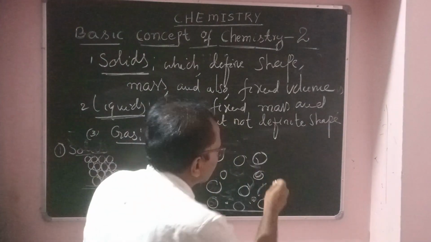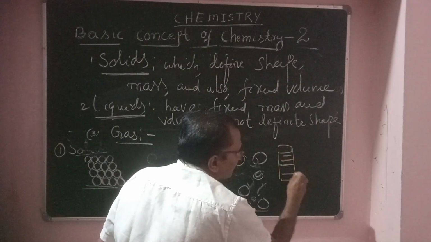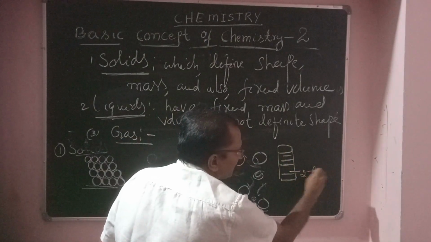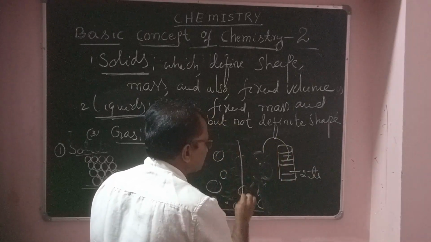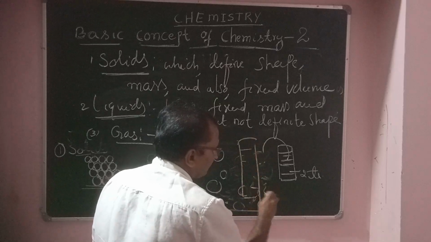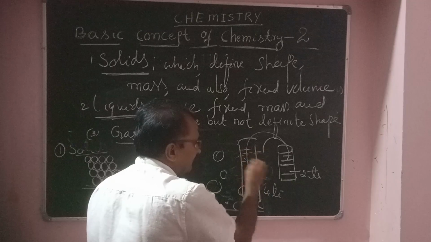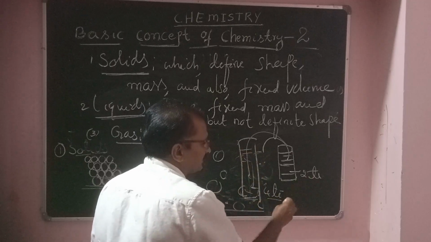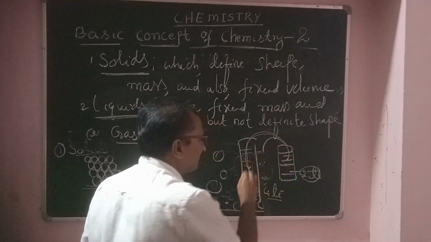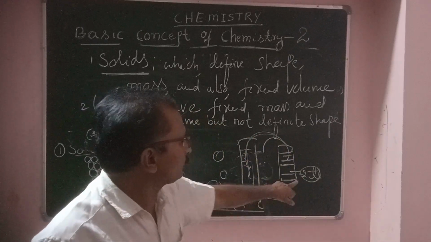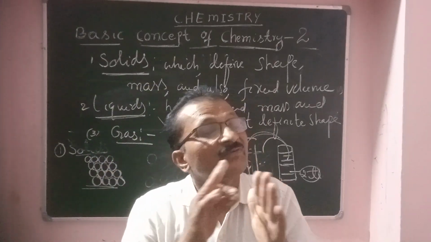If you fill the gas in a 2 liter cylinder and then transfer the same gas into a big cylinder of 4 liter capacity, the gas will fill the whole cylinder. Now the volume of the gas is not 2 liter, it is 4 liter. Hence the volume of gas is not fixed.